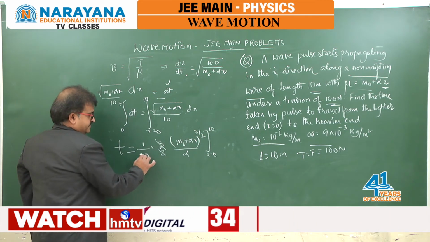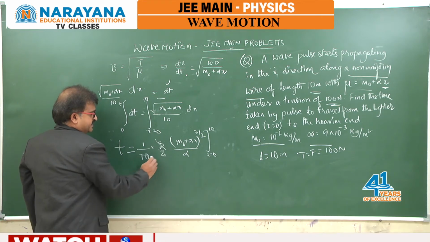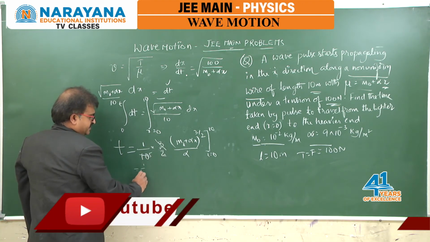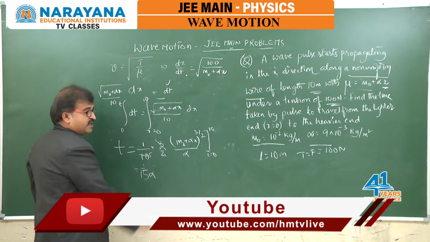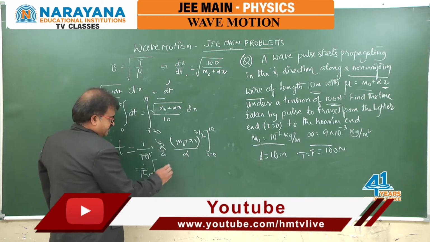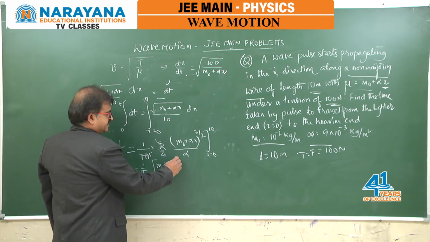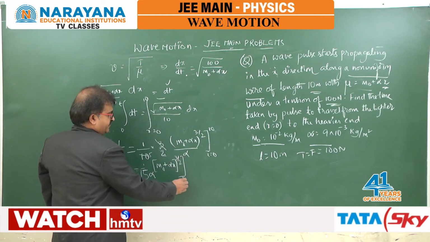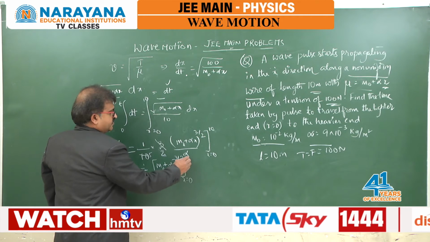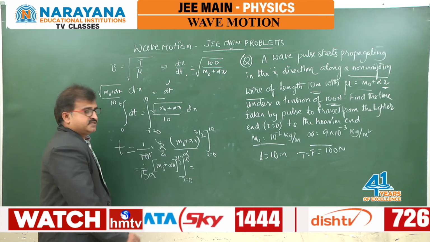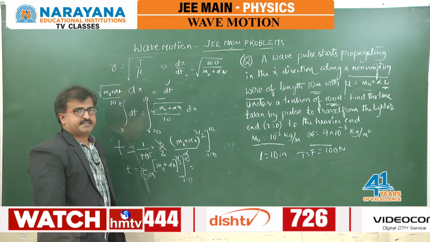If you cancel this and rearrange, 1 by 15 alpha times mu naught plus alpha x power 3 by 2, running from 0 to 10, will be the time taken.